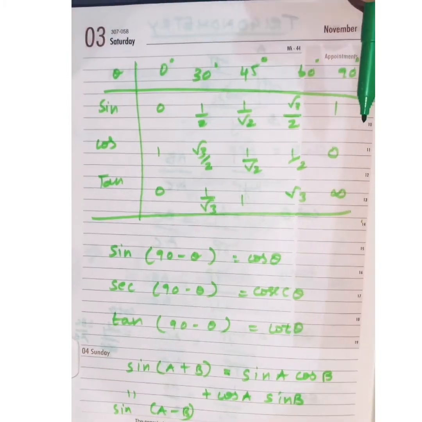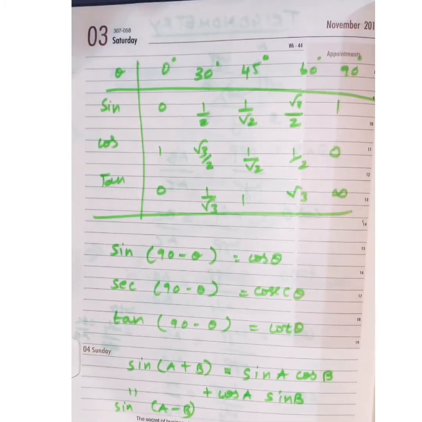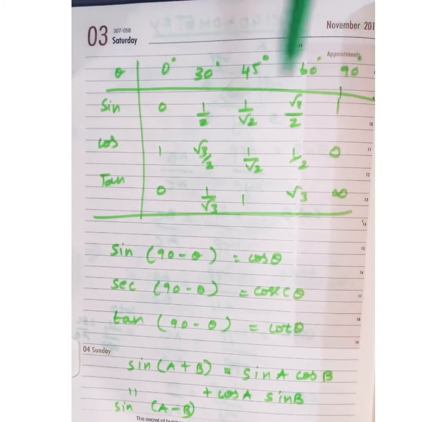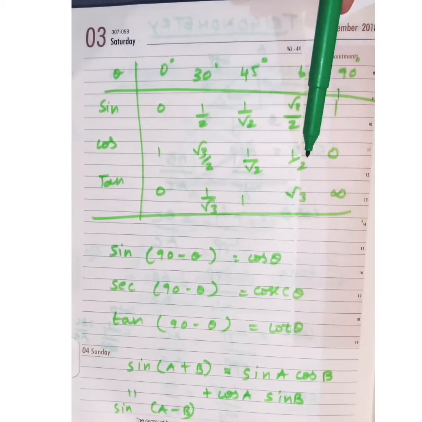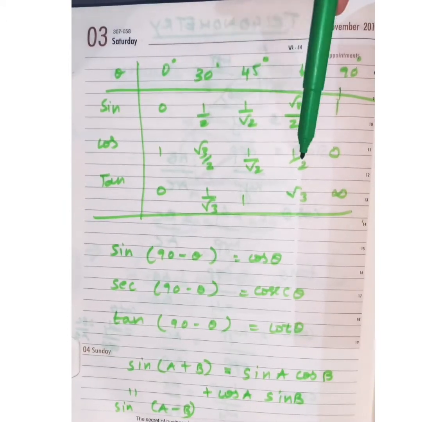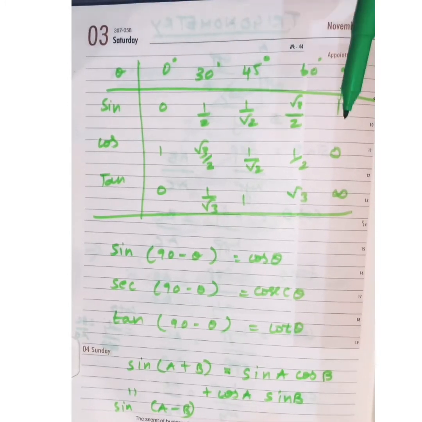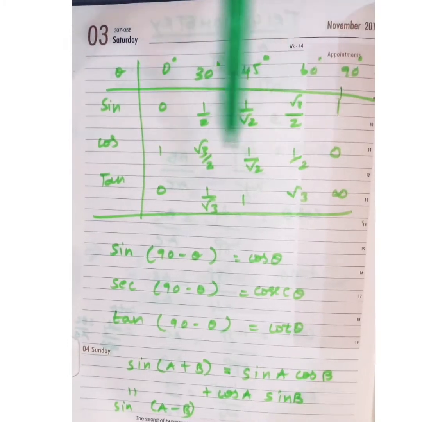Knowing this, you can easily write the values for cos, which is just the reverse of the first row: 1, root 3 by 2, 1 by root 2, 1 by 2 and 0. You can write the second column.